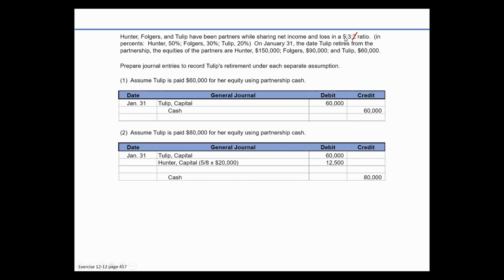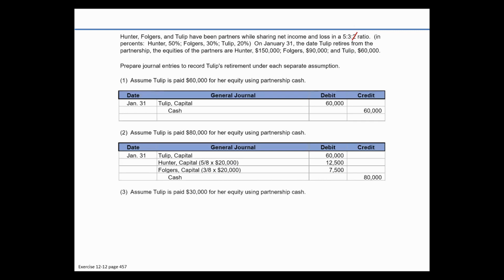You're going to have the remaining partners, so 5/8 of the amount. That would figure out how much bonus she would be paid, so it'd be 12,500. Then Folgers Capital would be 3/8 of 20,000, which is 7,500, and that's how you would allocate that. So it would reduce the partners' capital balances in order to be able to pay her out.